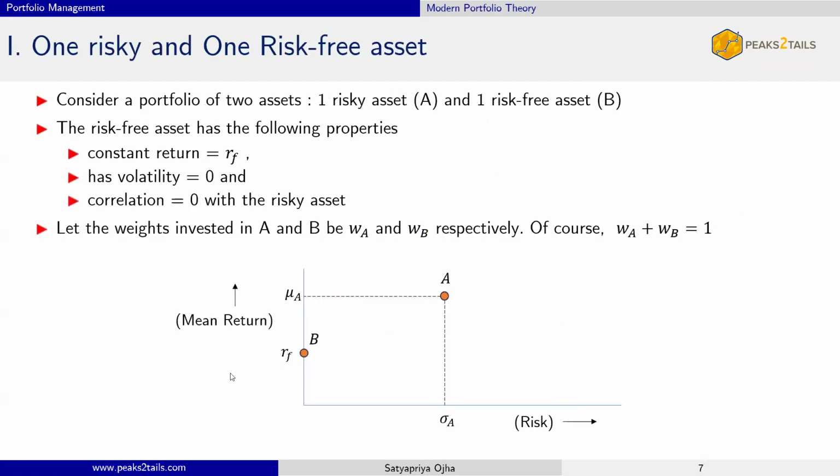Now let's talk about the next step. What we'll do next is we'll start with a very simple portfolio, derive the risk return characteristics, and we'll do a lot of experiments, and then we'll start complicating the portfolio. Okay, slowly and steadily.